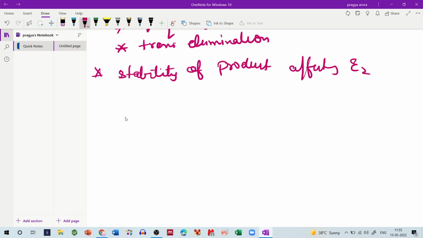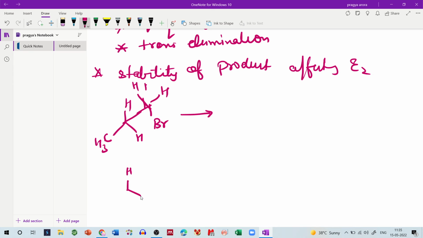So if you have an alkyl halide, let's say you have CH3 over here, you have H, H, two hydrogens over here, and one bromide. In the other one you have H, CH3, C2H5, single bond C, CH3, C2H5, and bromide over here.